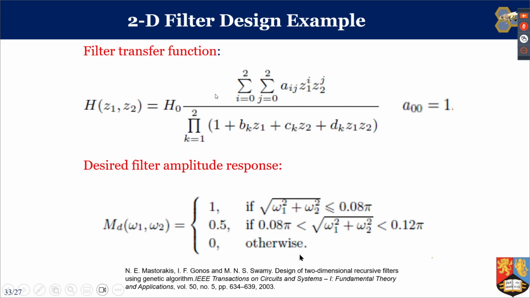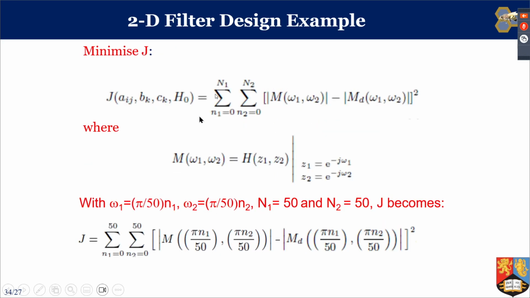We want to achieve a filter with this amplitude response, which is a flat response in a certain frequency range, dropping down to another flat response, and then dropping down to zero outside the frequency range of the filter. The objective function of this filter is like this. We want to minimize this J because we want to minimize the difference between the real amplitude that we obtain and the desired amplitude.